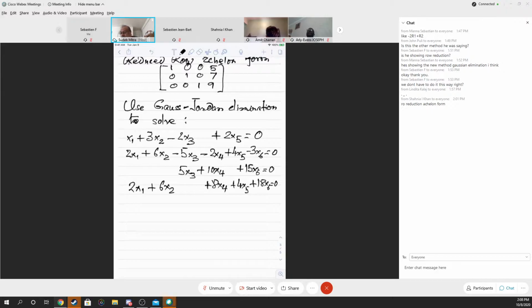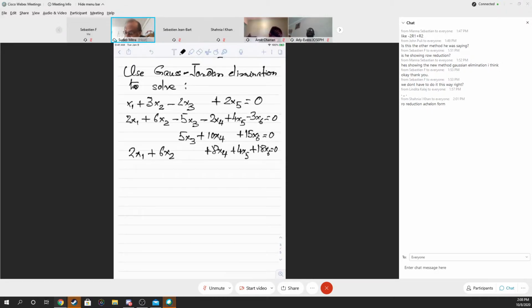Okay, so see what's happening. What's the matrix? So the matrix is 1, 3, minus 2, 0, 2. Remember there's a 6 here, x6, so therefore 0. And what are the coefficients here on the right hand column?